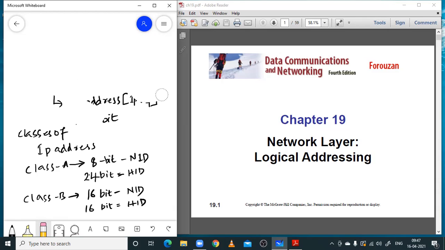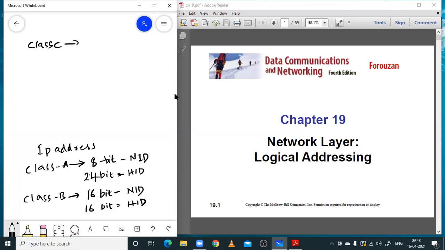What about class C? Under class C, we have 24 bits of network ID and 8 bits of host ID.